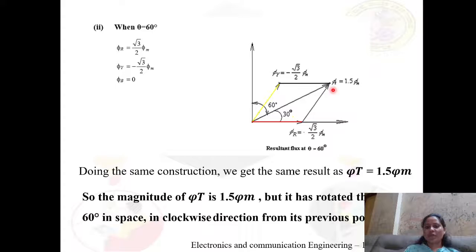Here the total flux, which we can calculate as 1.5 times phi maximum, is obtained by the vector addition of phi r and phi y.